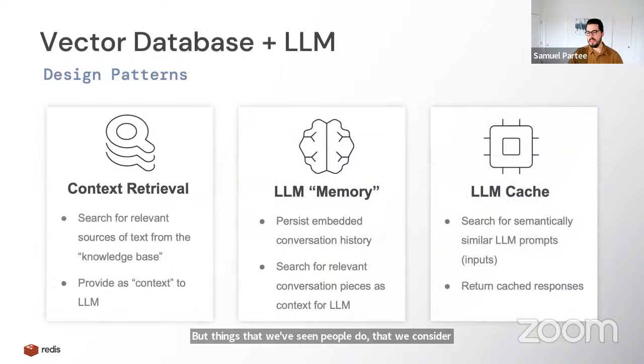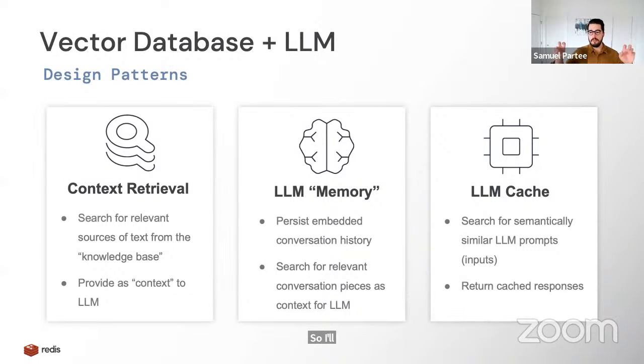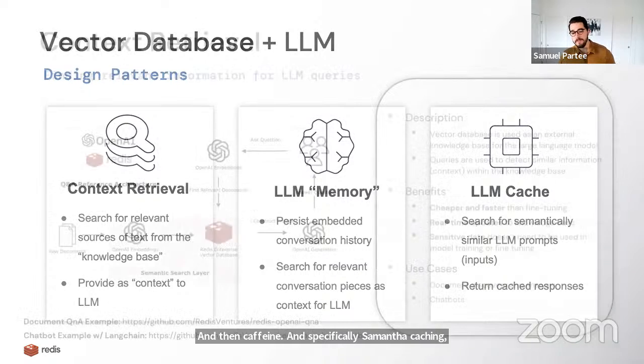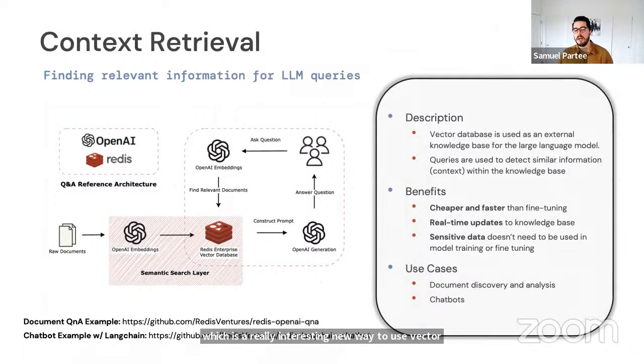So I'll talk about 3 specifically here: context retrieval, large language model memory, which might seem a little interesting, and then caching, and specifically semantic caching, which is a really interesting new way to use vector databases, especially one like Redis.